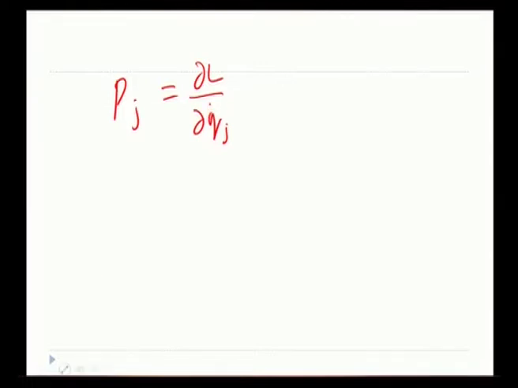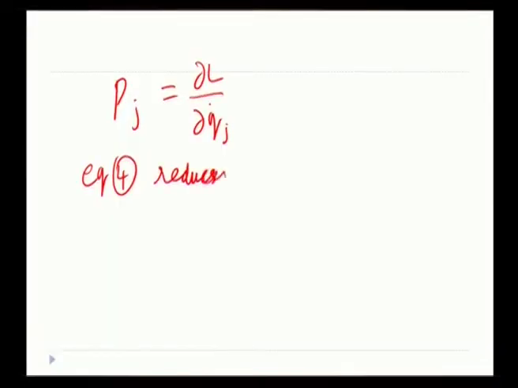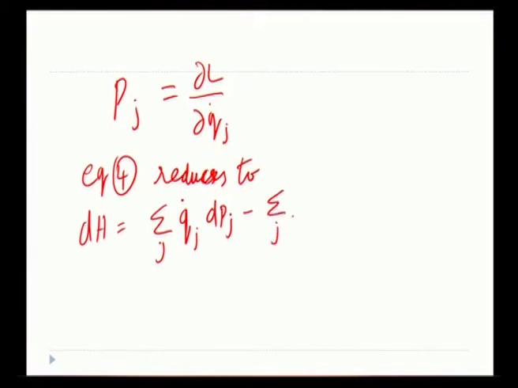Now by substituting this value in equation 4, equation 4 reduces to dH is equal to the summation over j of Qj dot dPj, minus the summation over j of dou L by dou Qj into dQj, minus dou L by dou t into dt.